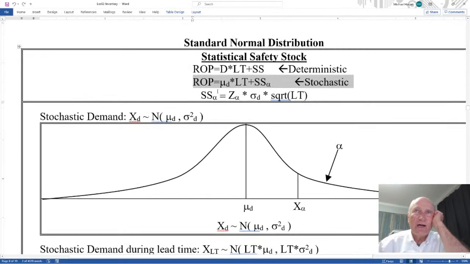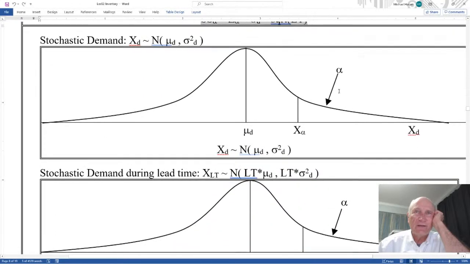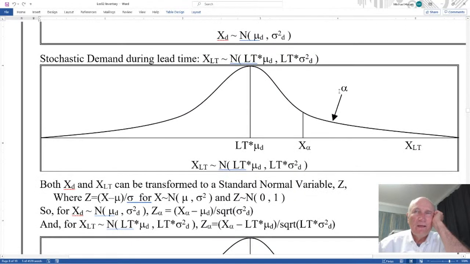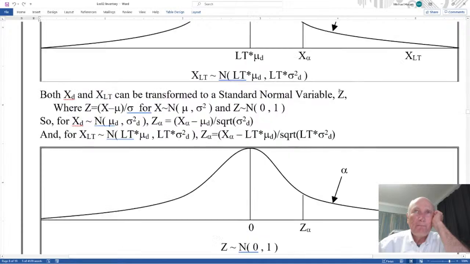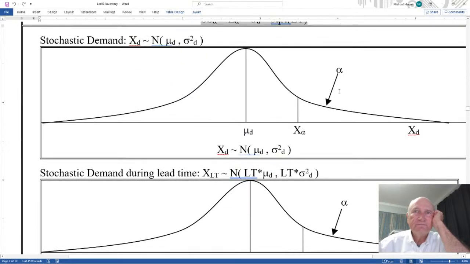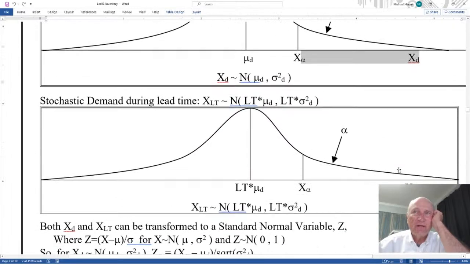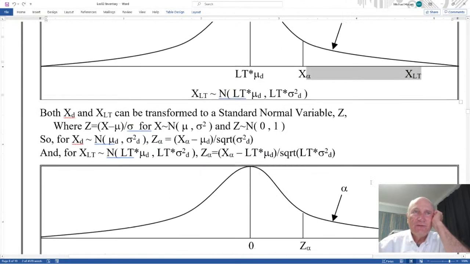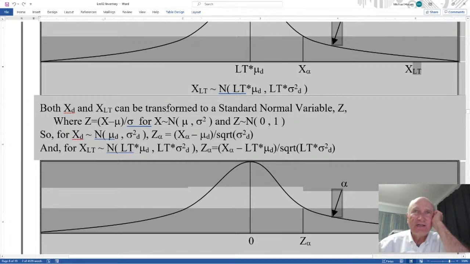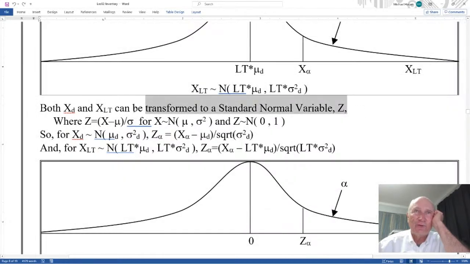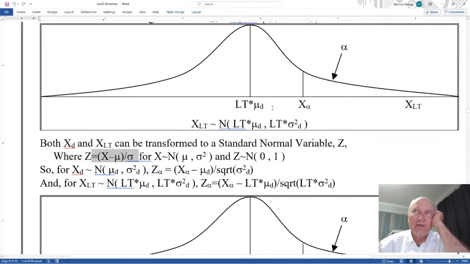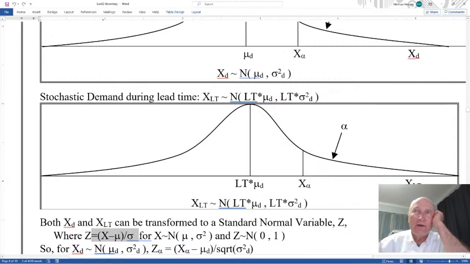Okay. Let's derive the statistical safety stock. So here's my demand. Here's my demand during lead time. Both of these can be transformed to something called a standard normal, where Z is you subtract the mean and divide by the standard deviation. I can do that both for the demand and the demand during lead time.